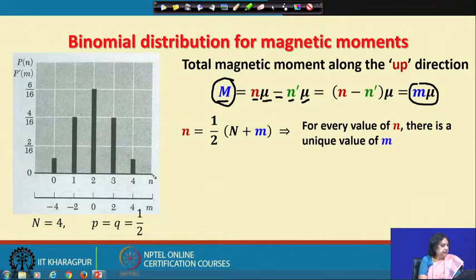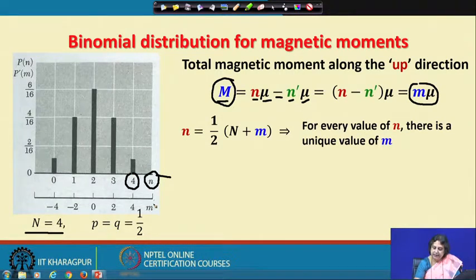Now, as you see, when I use n to represent the different possible microstates, what I find is n can vary from 0 to 4 for the 4 particles of the system. Now, when n is equal to 4, as we have already discussed, then what is the magnetic moment value?